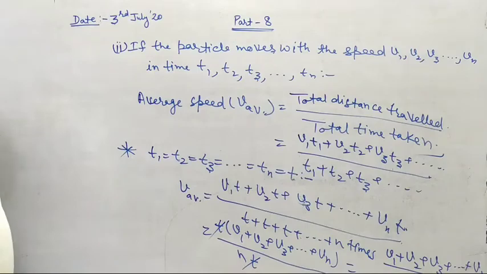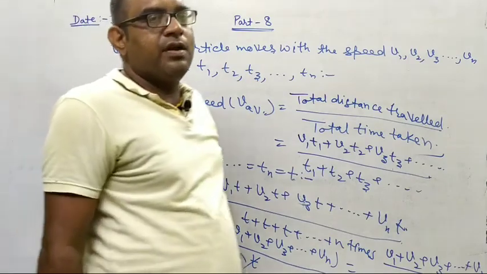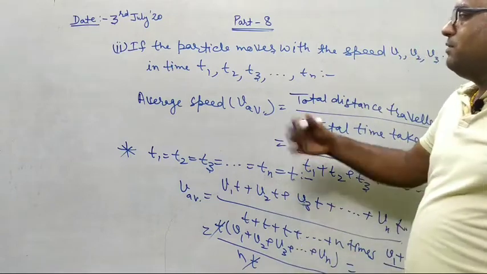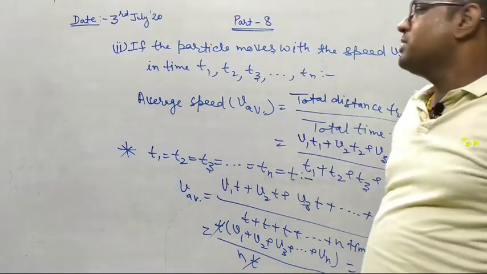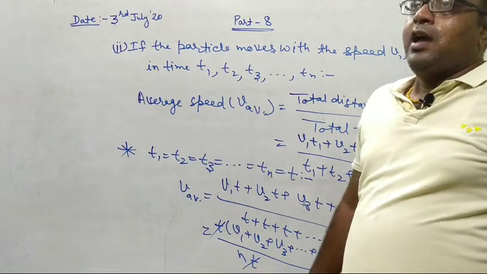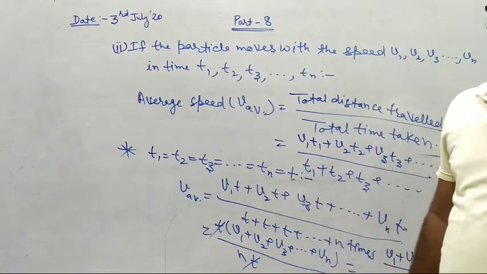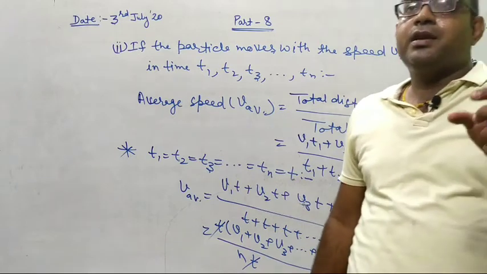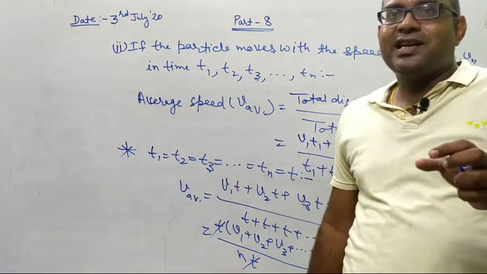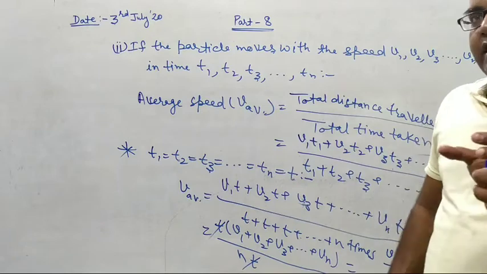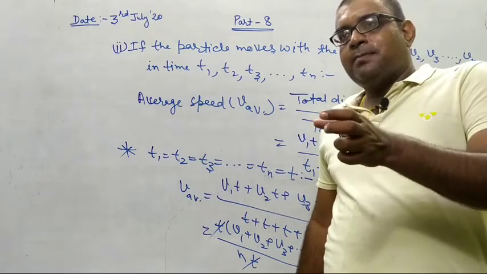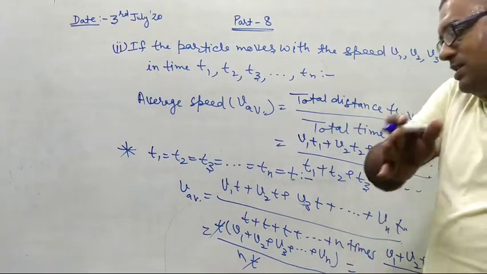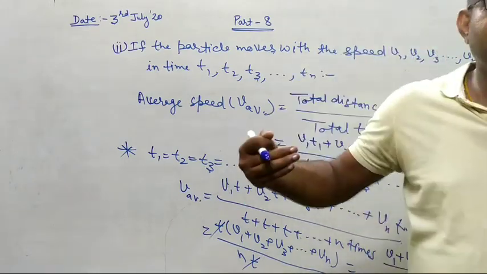Means in this case, if an object or a particle is traveling with different velocities in equal intervals of time, suppose a particle is traveling 3 meter per second for first second, 4 meter per second in 1 second, 5 meter per second in 1 second, 6 meter per second in 1 second, means t is same but the velocities are varying.